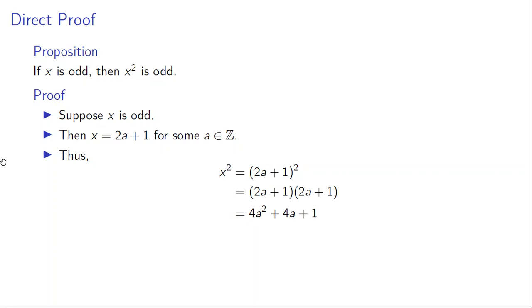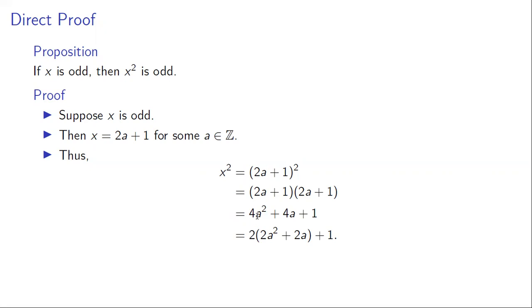All right, now we're trying to show that x squared, this thing here, is odd. So can we show that this thing here is odd? In other words, we have to put it in the form of an odd number. We have to show that it is equal to 2 times an integer plus 1. Well, here's how we can do it.